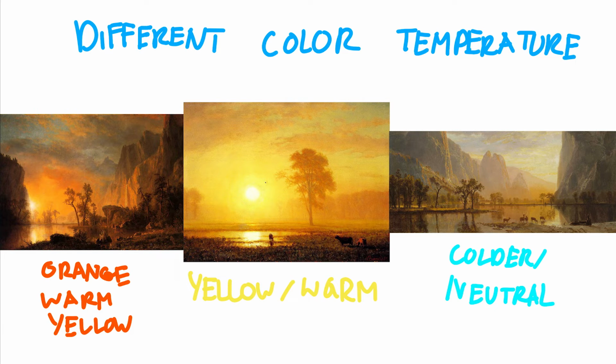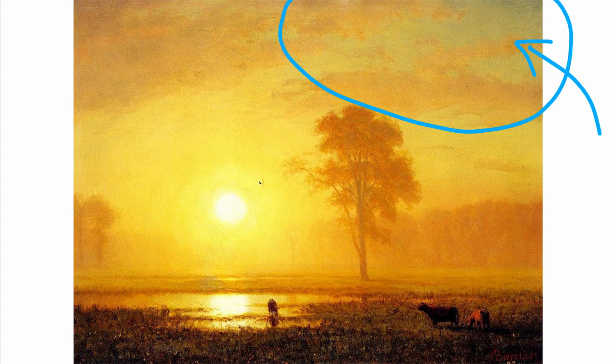Now, if we take a closer look at the sunset over the plains over here, this one is a lot warmer. The only cold spot that we actually do see in this painting is probably the top right corner, which is a greenish blue because there's so much yellow going on in this painting.